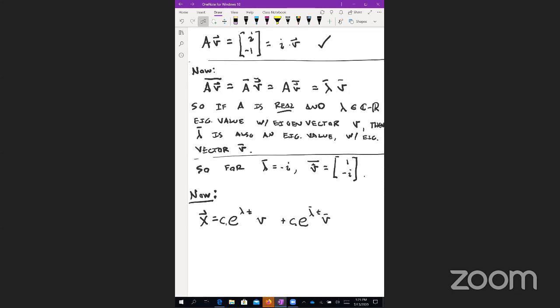However, it needs to be the case that the left-hand side is real. So the right-hand side has to be real as well.